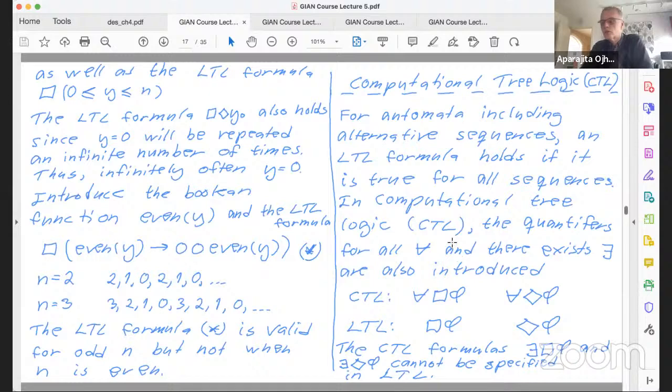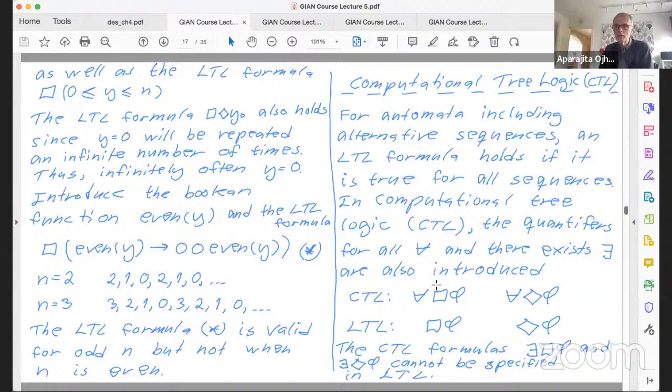So, computational tree logic, what is that? Well, that is another version of logic, which was developed by some Americans, if I've got the story correct. Clarke, for instance, one of the real pioneers in model checking.